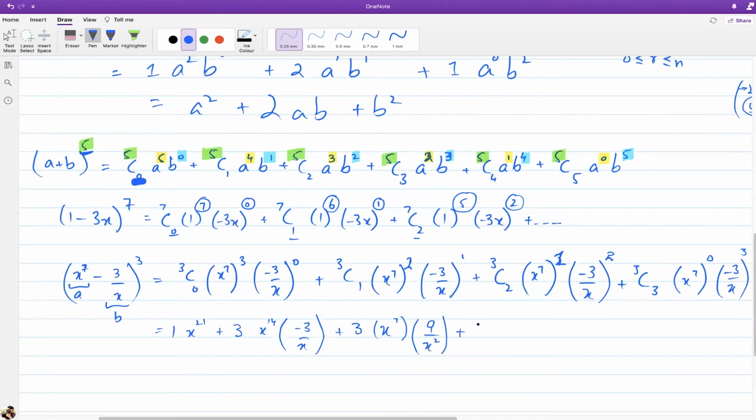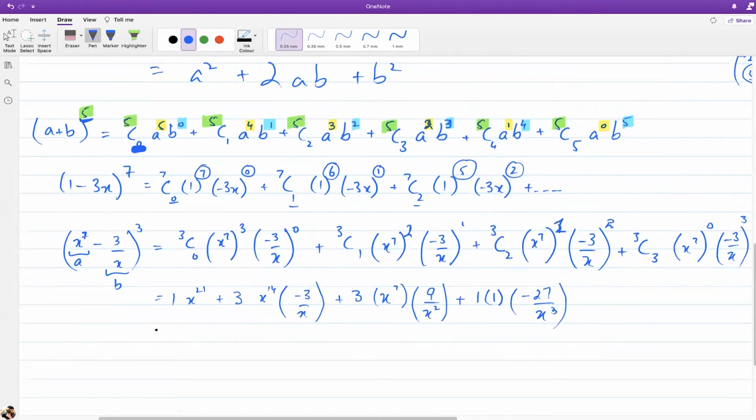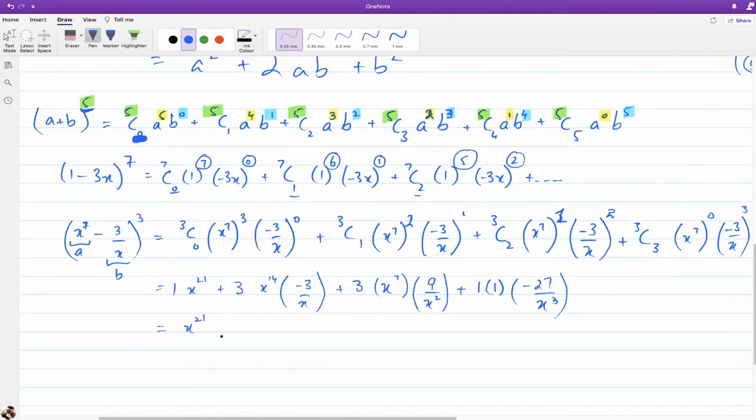And this is 1, this is again 1, and that is minus 27 over x cubed. And you just expand it. So that's basic algebra. So you will end up with x to the power 21 minus 9x to the power 13 plus 27x to the power 5 minus 27 over x to the power 3. So we expanded it, right? That's one thing that they ask you, and that's the easiest of the questions that they ask.